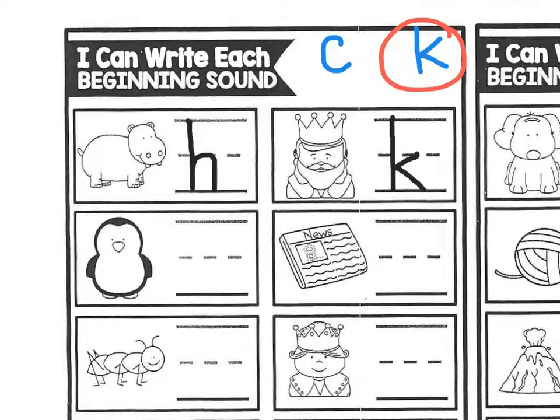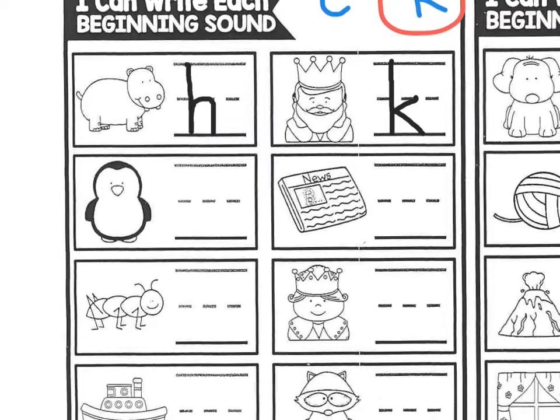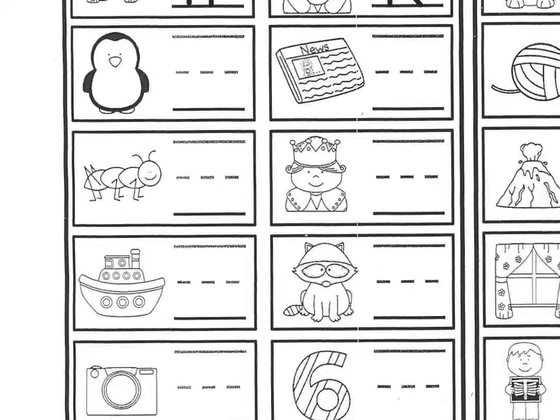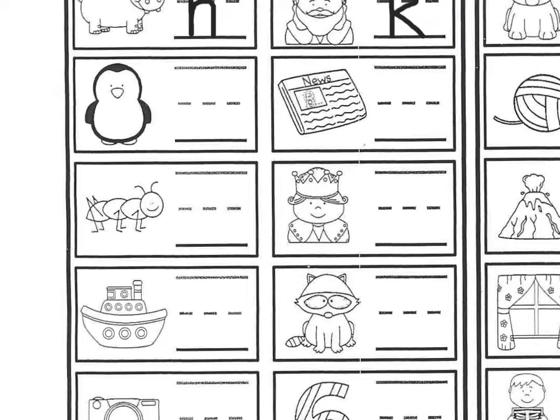Okay, I'd like you to do the rest of the worksheet by yourself, kindergarten. I can go over the pictures with you, and then I'll let you do it on your own. Okay, this is a picture of a penguin. We did that earlier. This one, it kind of gives a little hint right there. That's a picture of a newspaper. The next one over here is an ant.